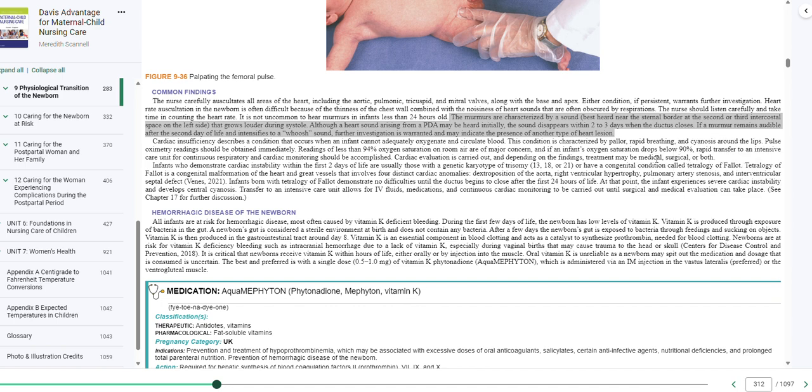Murmurs are characterized by a sound best heard at the sternal border at the second to third intercostal space on the left side, that grows louder during systole. Although a heart sound arises from a PDA, may be heard initially. Remember, that's patent ductus arteriosus, right? But the sound can disappear in 2 to 3 days when the ductus closes.